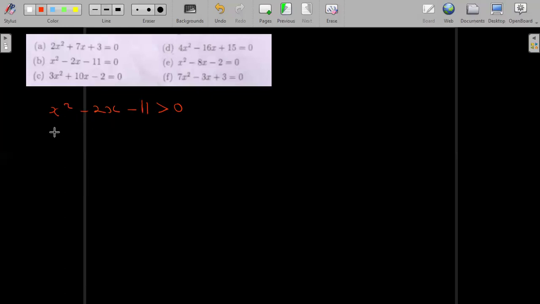You first factorize. So complete the square here: it will be (x minus 1) squared minus 1, then minus 11 greater than 0. Then you have (x minus 1) squared minus 12.